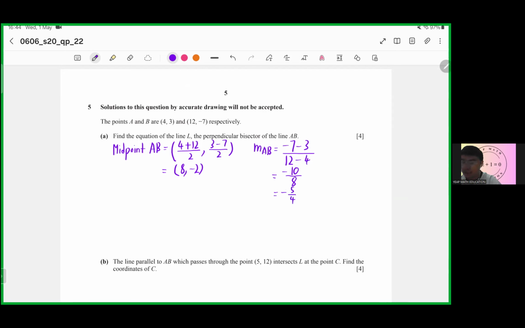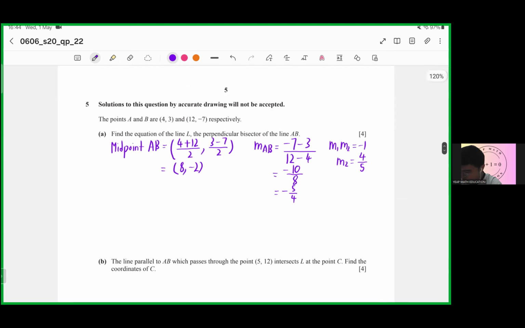But it already says find the perpendicular bisector, right? So we need to use m1 times m2 equals negative 1. So we find m2 equals 4 over 5.